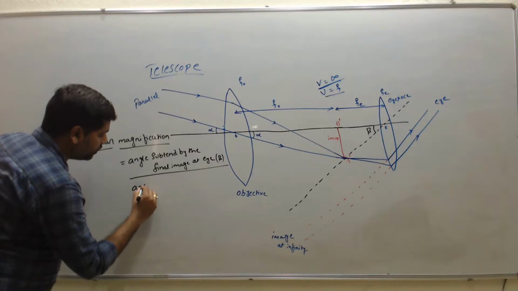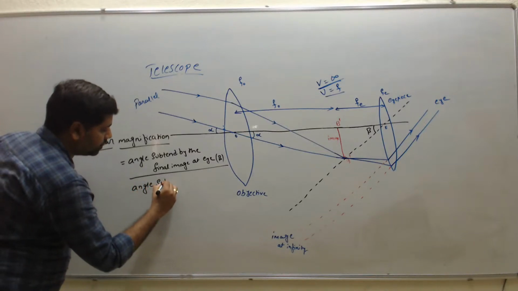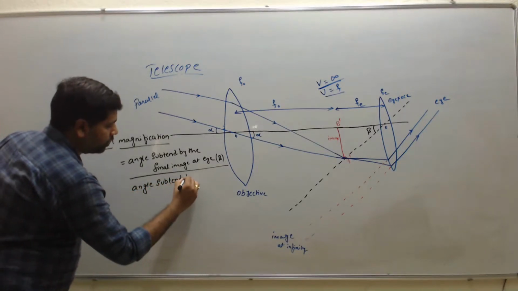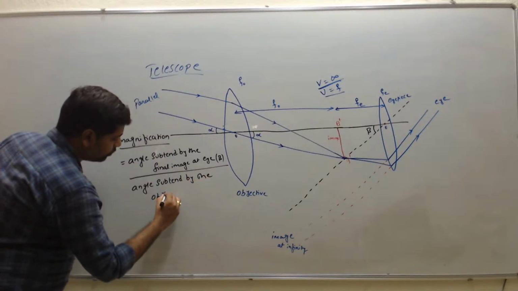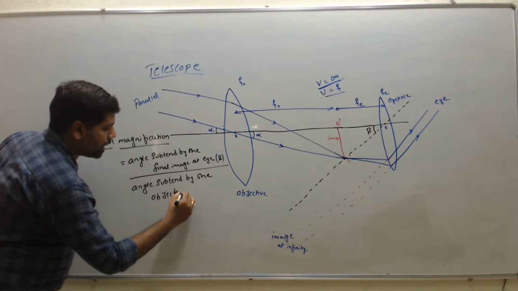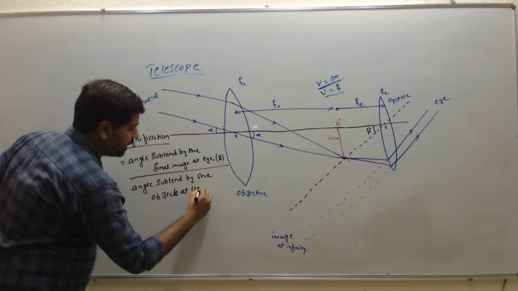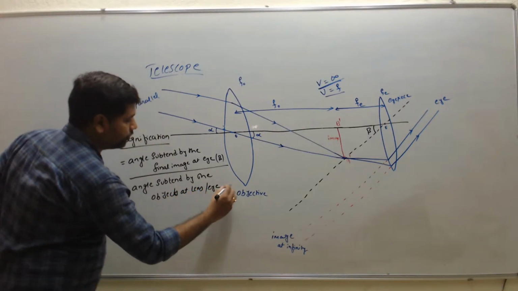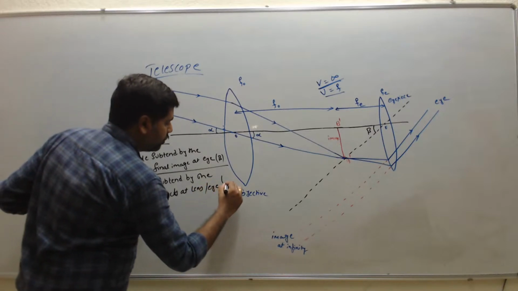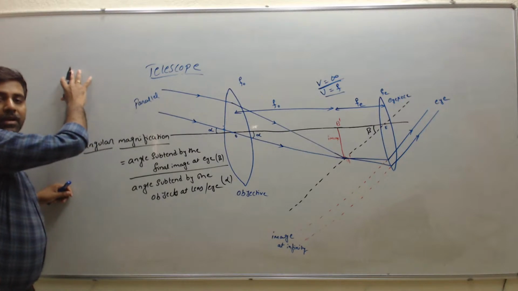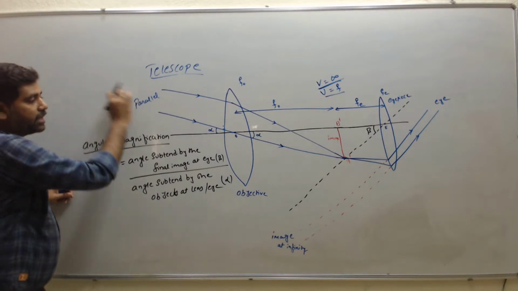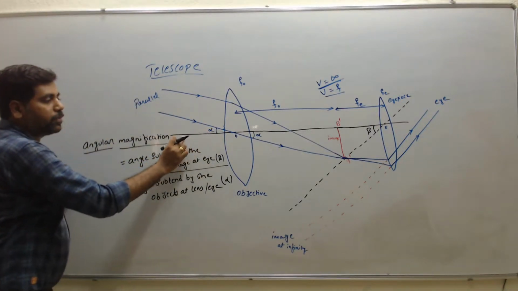Then the angle subtended by the object at the lens or eye is angle alpha. Somewhere here is the object. This object makes angle alpha with the principal axis.